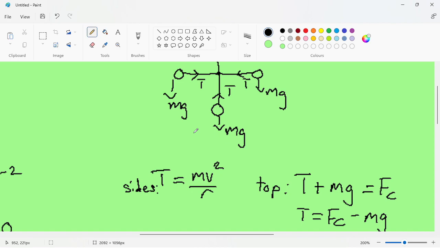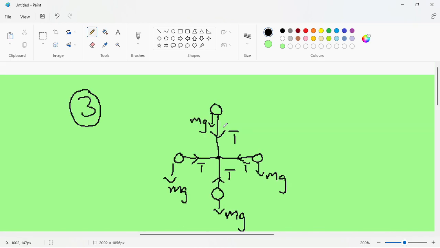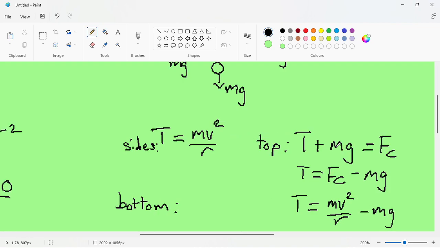At the bottom, tension minus mg is equal to the centripetal force, and it's minus mg because mg is acting in the opposite direction of the tension. It's acting in the same plane but the opposite direction. Up here it's acting in the same plane but in the same direction. Because it was acting in the same direction, that's why we get T plus mg.